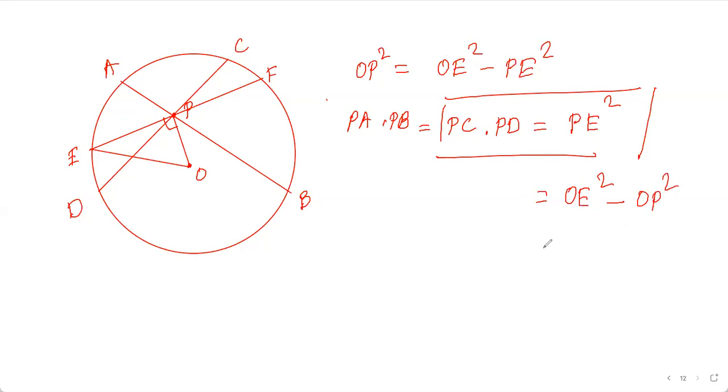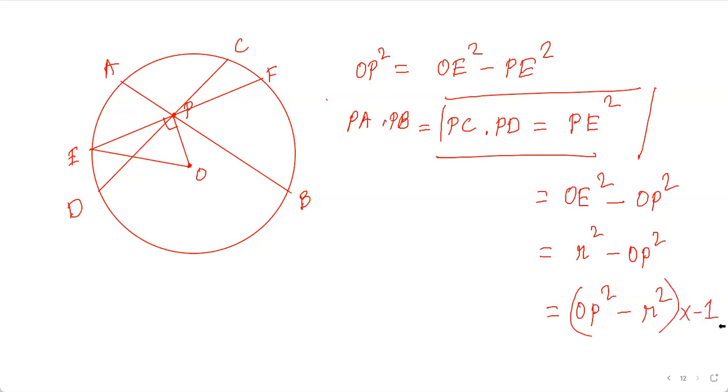Right, and OE is nothing but the radius of the circle, so R square minus OP square, and so I'll have OP square minus R square, multiplied by a negative 1.